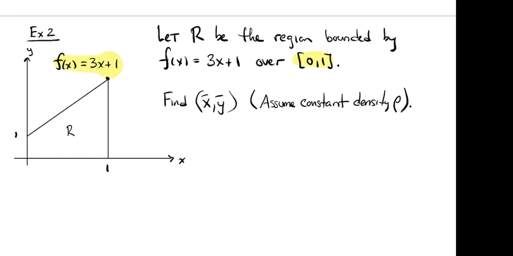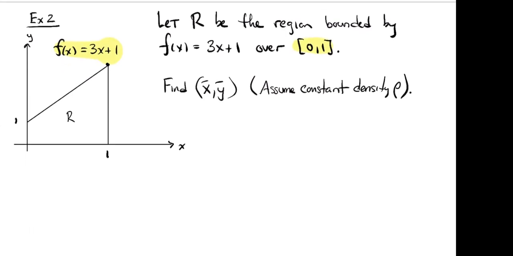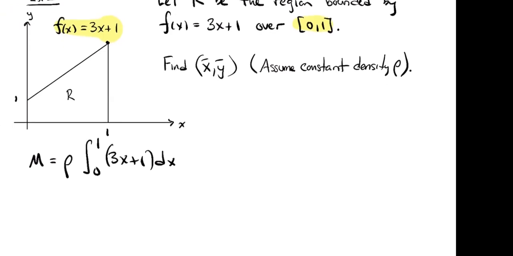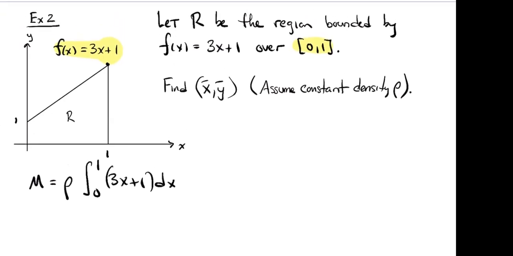I just want to illustrate that we're given everything we need to know to compute the integrals that we need. So we need to compute the mass. The mass is rho times the integral from 0 to 1 of just the function, 3x plus 1. That's just the area under that line. You could do that with geometry if you wanted to. It's just a trapezoid.